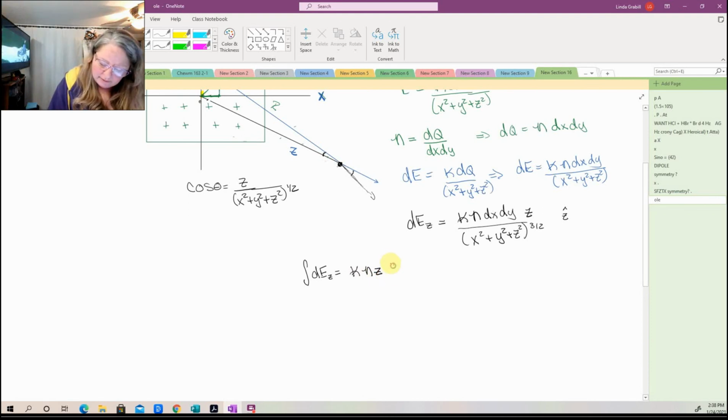And then that's going to give me this double integral, which terrifies so many people. But let's see that that's not so bad. dx dy over x squared plus y squared plus z squared to the 3/2. All right.